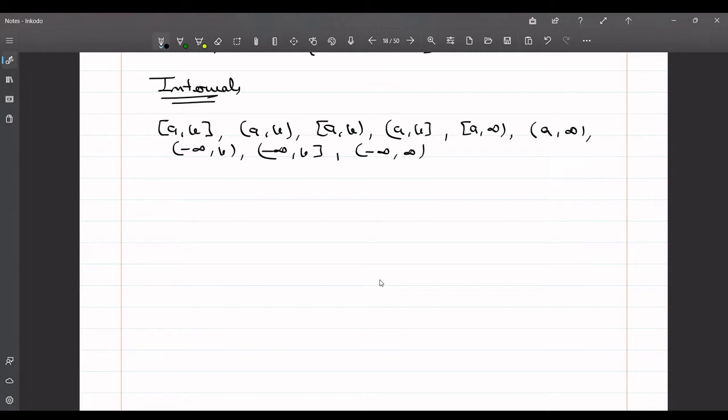So what is the actual definition of an interval?